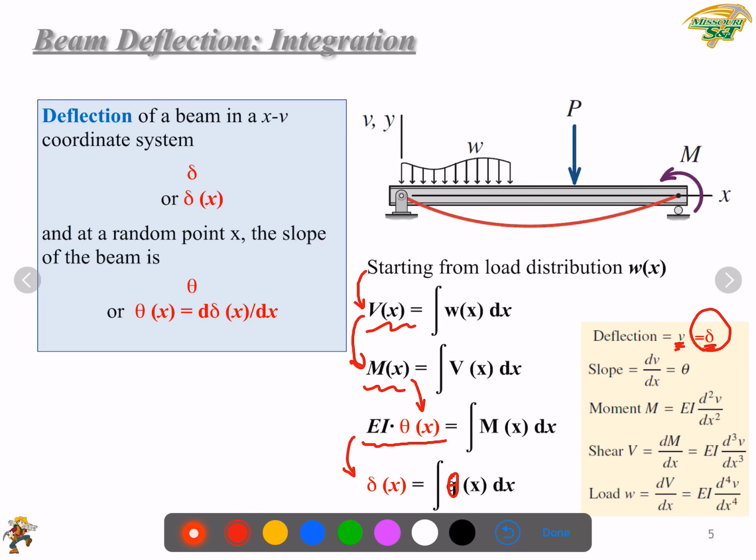So here should be theta. Okay. So in the opposite direction, if you already know the distribution of the deflection, that is delta x, normally we call this the elastic curve.